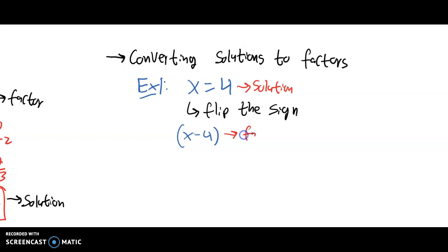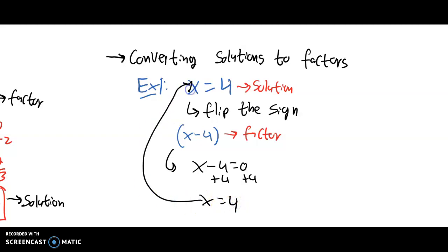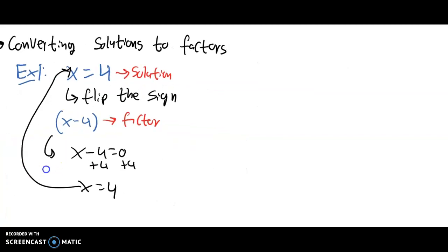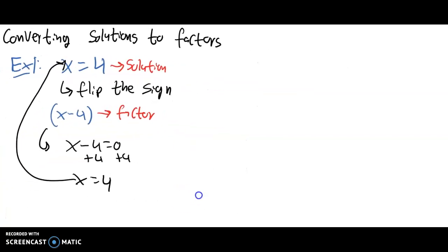Factor. Let me prove it to you just on this one really quick. If I do x minus 4 equals 0 and I add the 4, I'm back where I started at x equals 4. That's why we flip the sign. Okay, one more example here. What if I had x equals negative 2?